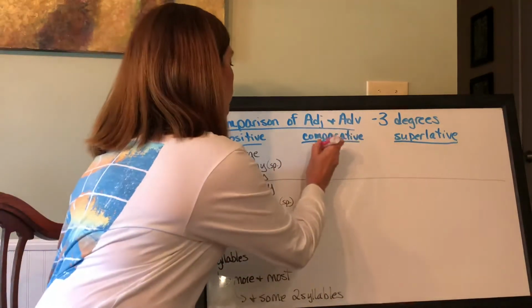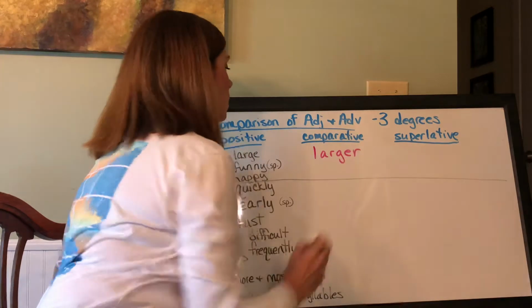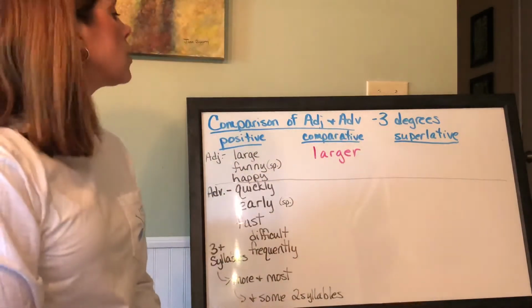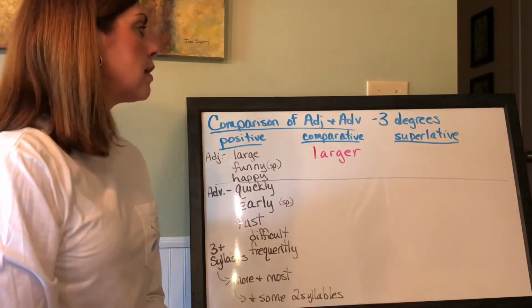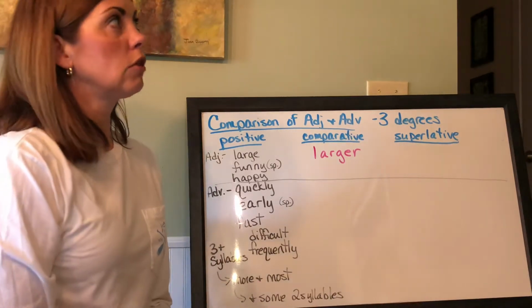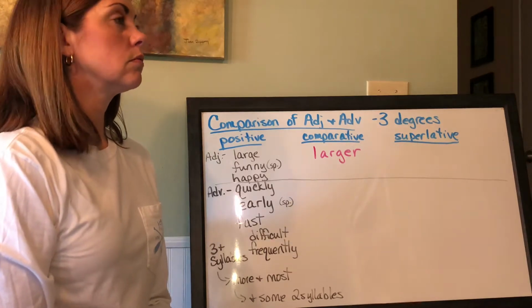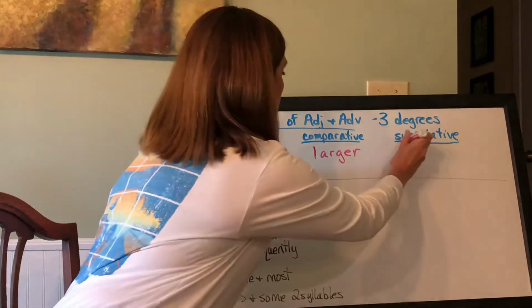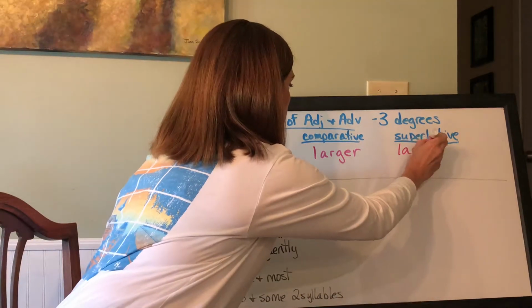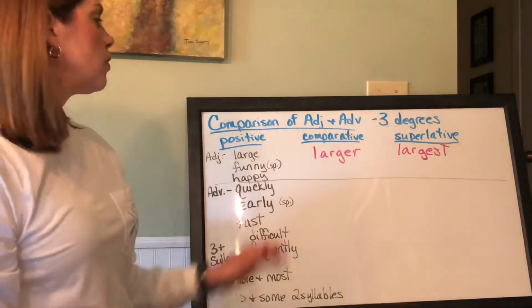So comparative would be larger. A lot of times you just add ER, or an R if it ends with a vowel, to your comparative form. And then superlative would be the elephant is the largest animal at the zoo. So that would be comparing it to more than one thing. Largest, okay?